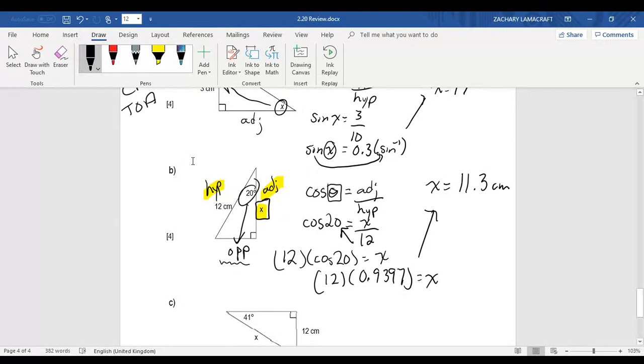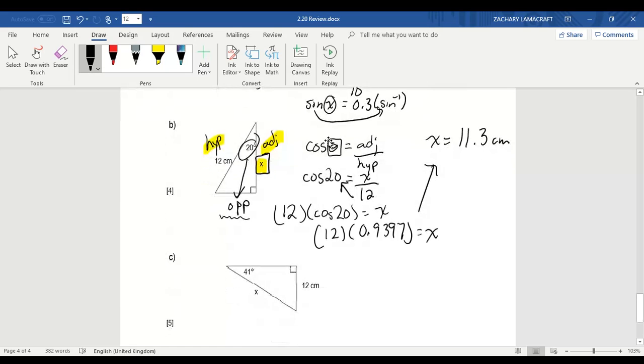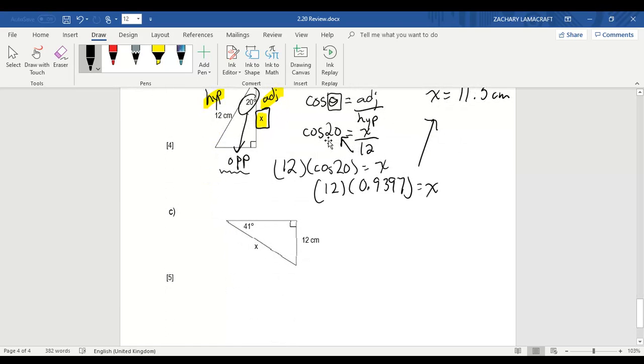All right. So once again, we picked the right sides based on what we have, and we filled in the trigonometric ratio. All right, last one. We have 41 degrees. We got 12 over here, and we got this long side. So we know the long side is the hypotenuse, and the side across from the angle is the opposite, and the one right beside it being the adjacent. Well, in this case, we have nothing over here, so we need to use the hypotenuse and the opposite in this equation.